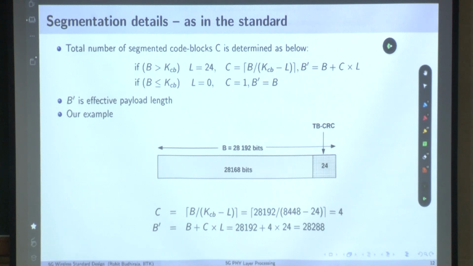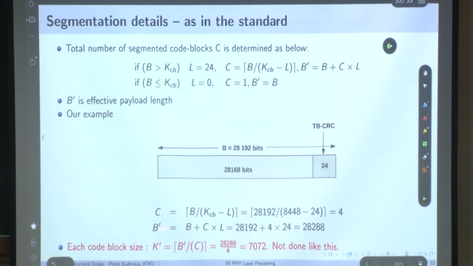That's the actual payload you need to transmit. The subsequent blocks need to take care of this because it should be modulated and transmitted on air. Each code block size is K dash, this is B dash by C, 7072.